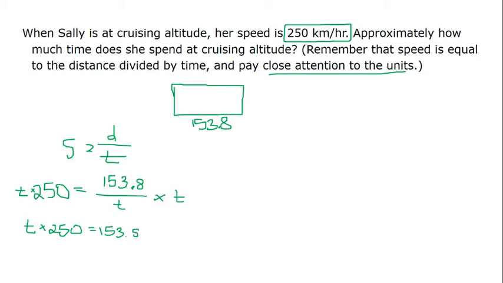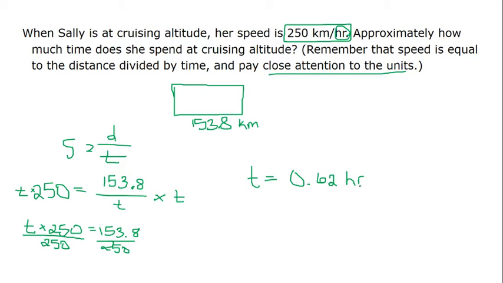Want t by itself, so I'm going to divide by 250 on both sides. So then I get t equals, when I take 153.8 and divide by 250, and I round it to 2 decimal places, I get 0.62. And then if I pay attention to my units, my speed was kilometers per hour, and my distance here was in kilometers, so my kilometers cancel out, so I'm left with this time in hours. So I have 0.62 hours.